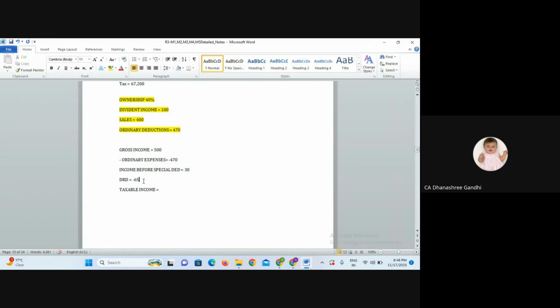So you are comparing this 30 with 65. Yes. Okay. So if you apply the DRD on your dividend income and it will result in net operating losses, then this DRD is always calculated on dividend income. That's why I have taken this example. So it will give you the taxable income of minus 35.